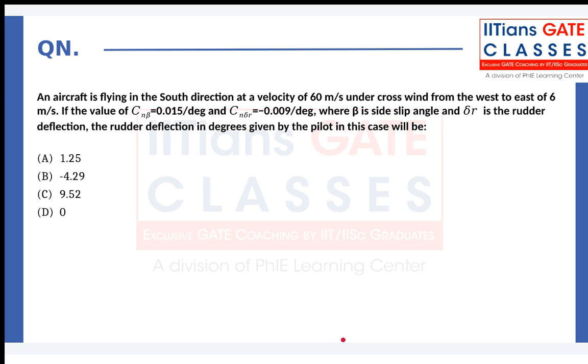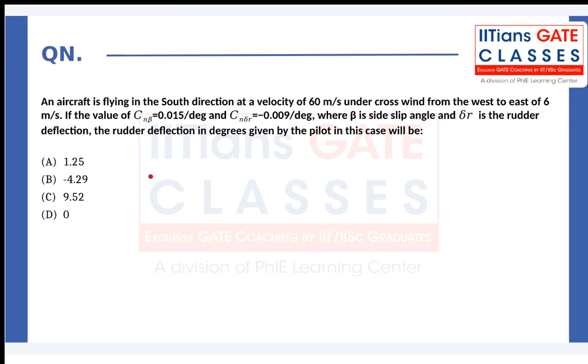Okay, all of you have gotten C. Let's just see how we got it. First, finding out beta is similar. Beta is tan inverse of 6 upon 60, and we get 5.71, right? And then you plug it into this other equation.